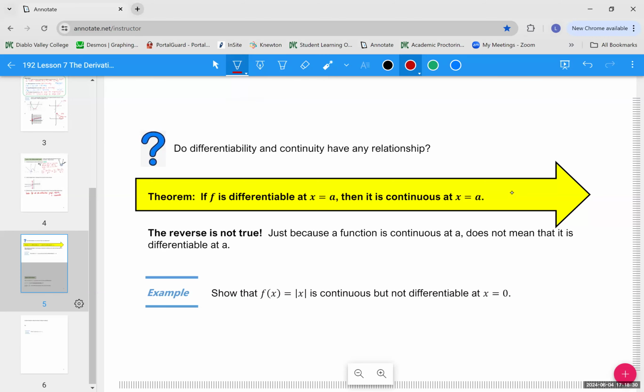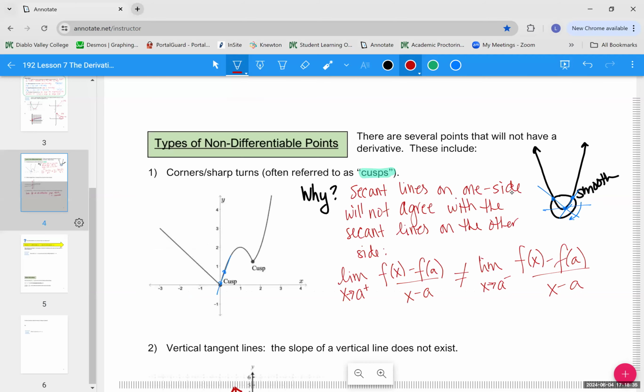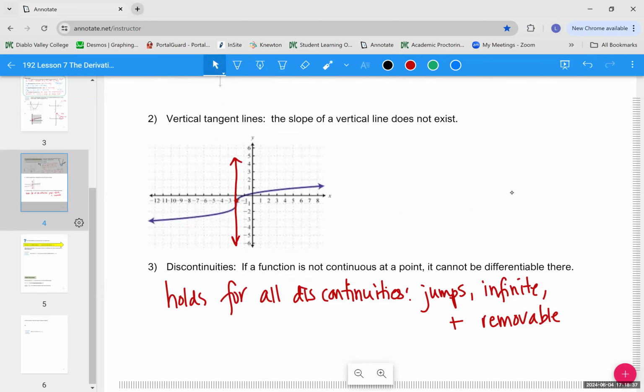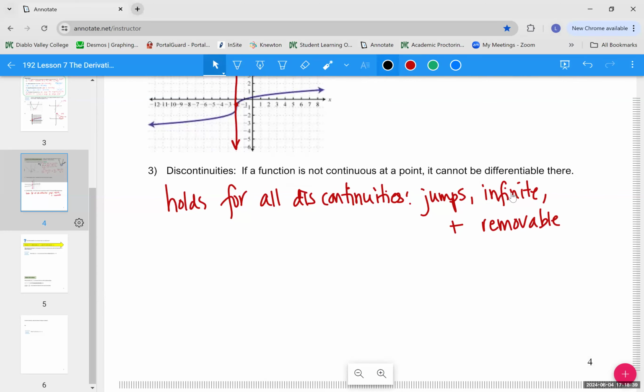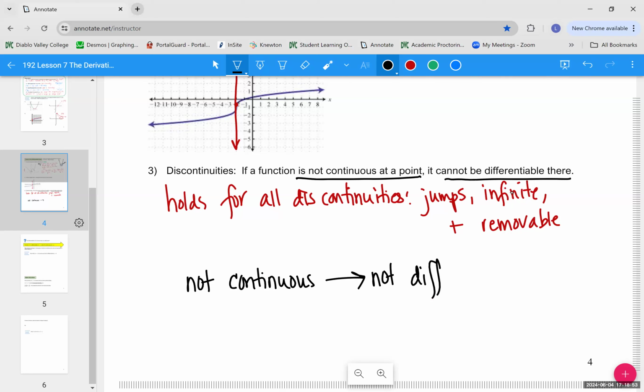And that also leads us to the next question: is there a relationship between differentiable and continuous? Well, we just actually talked about one part of it. If a function is not continuous, it's not differentiable. So not continuous means you can draw the conclusion that it's not differentiable.